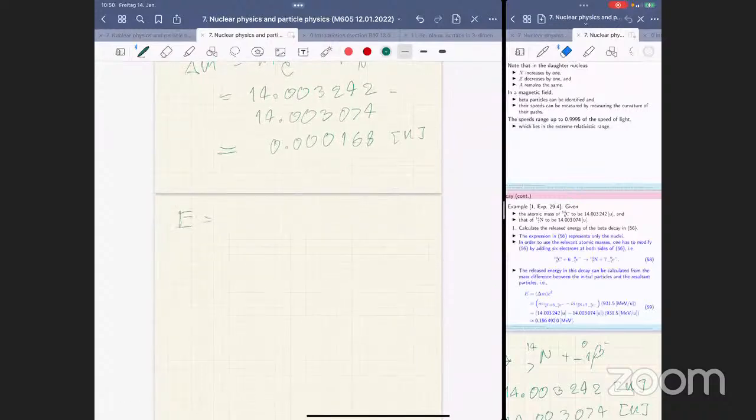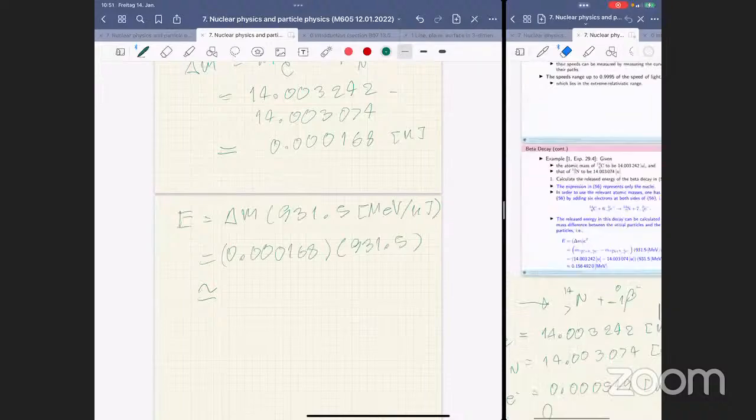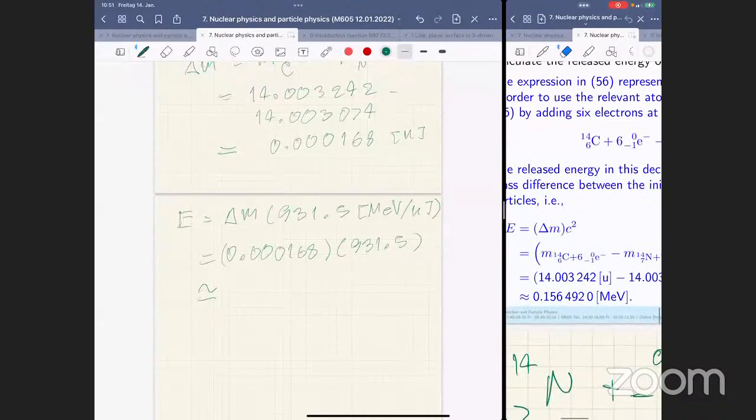Energy equals delta M times 931.5 mega electron volt per unit. You just multiply 0.00168 times 931.5, and you get 0.1564920 mega electron volt.